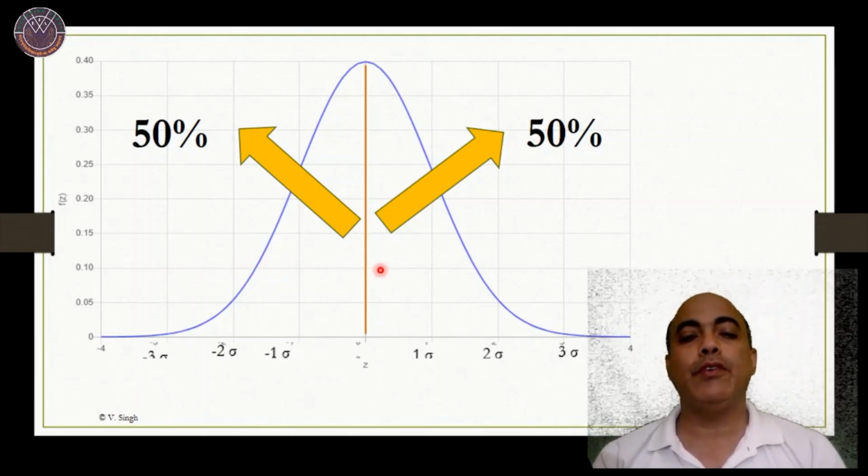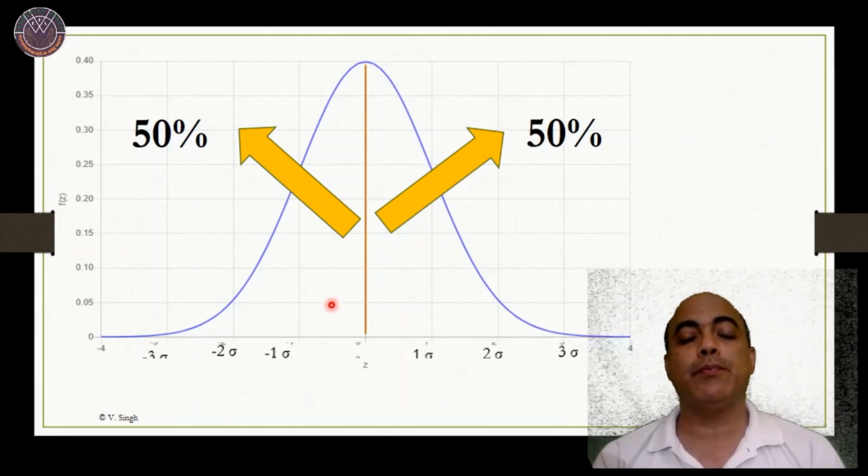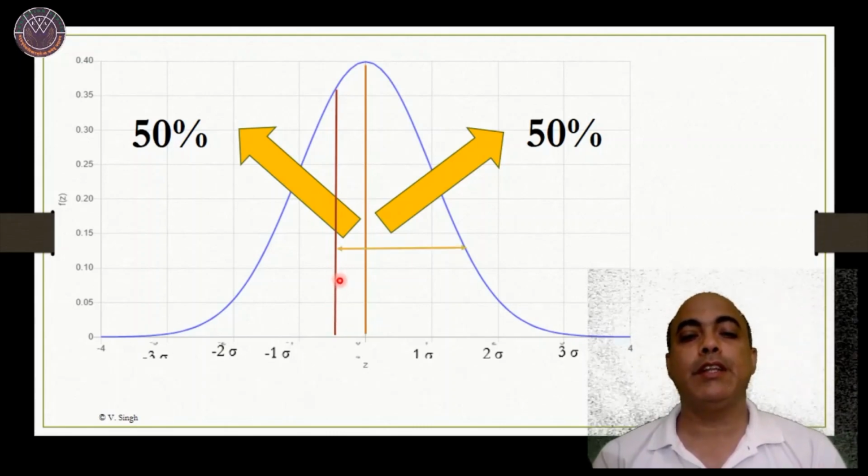So if we say that in question number 1, 60% of the students have passed it, then of course these 60% of the cases are lying somewhere here. We can see in this particular place, because 50% we have got from this side and the other 10% can come here.